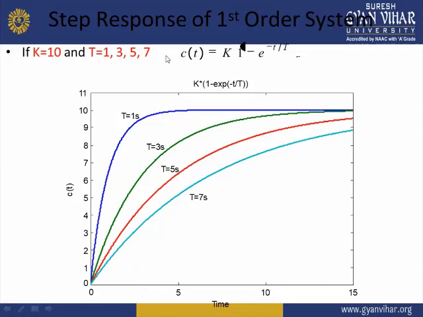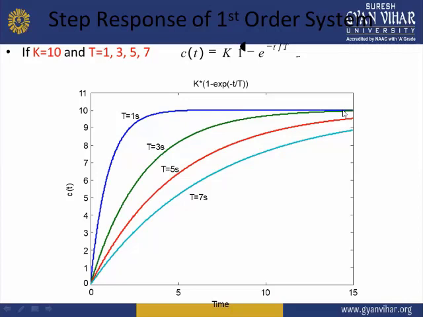Earlier you were achieving the steady state value at around 4.5 seconds, but for T equal to 3 seconds, you are getting the steady state value at around 12 seconds. That means from 4.5 seconds to 12 seconds, just by increasing the time constant, there is a huge response delay.